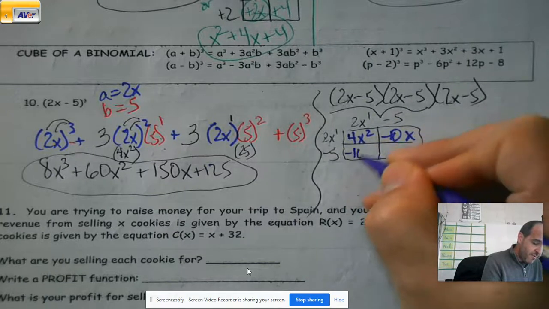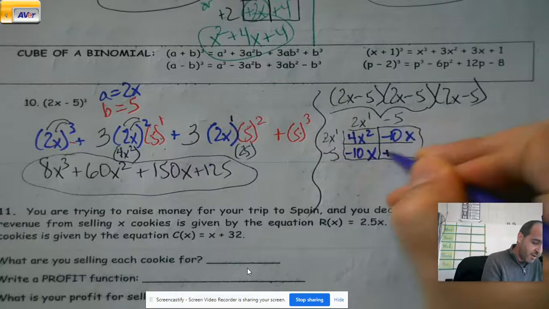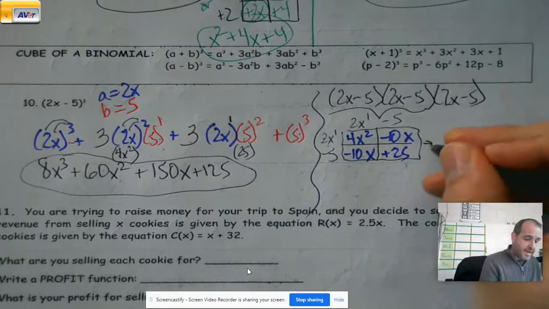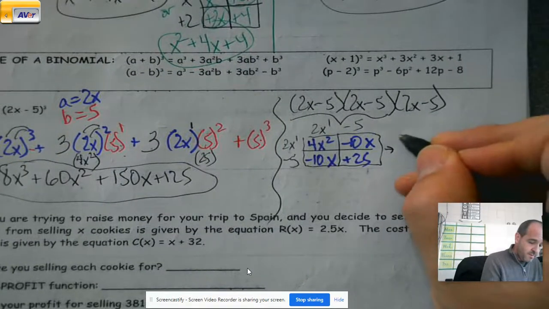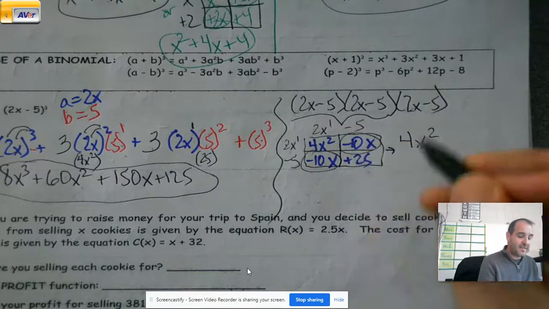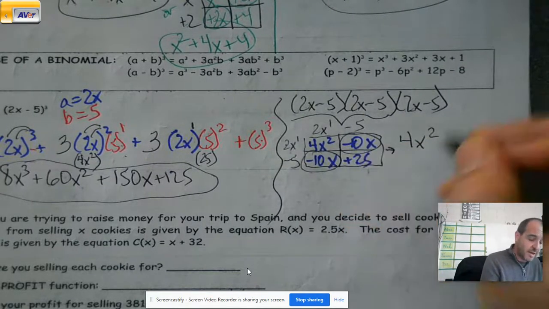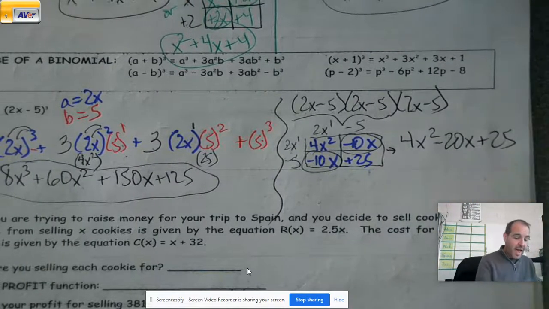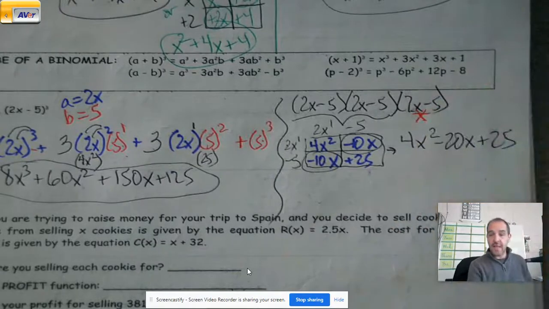Multiply my coefficients, multiply my coefficients, and I get 4x squared. Negative 10 and negative 10. I owe somebody 10 bucks. I borrow 10 more. I owe them 20. Now again, I'm not done yet. I still have one piece left.